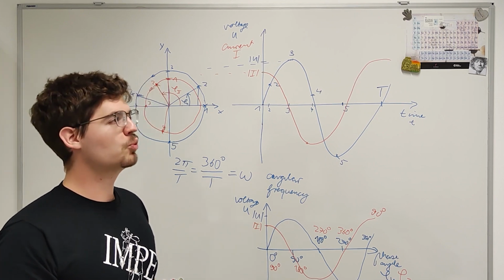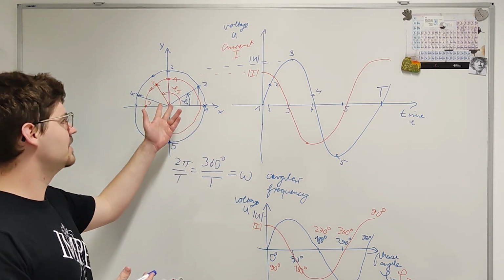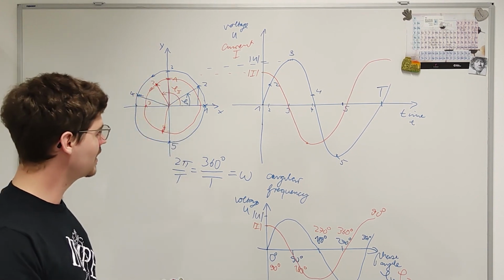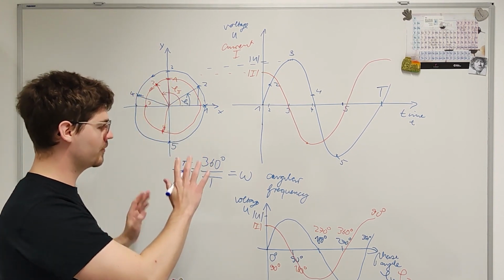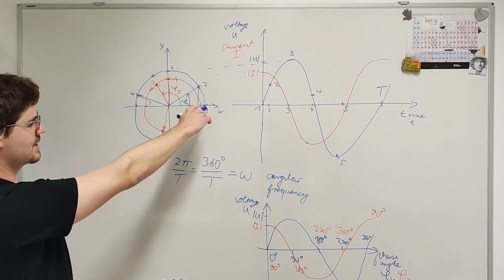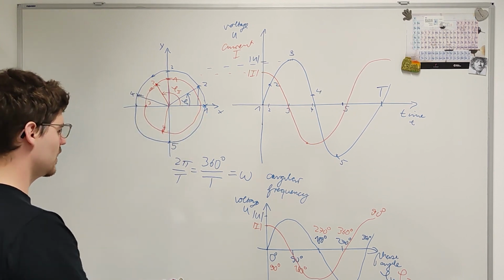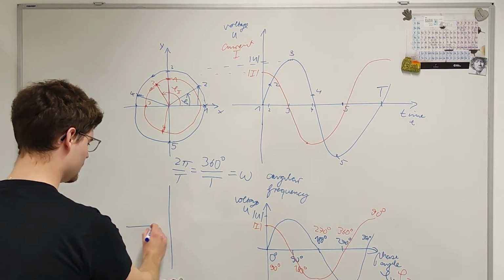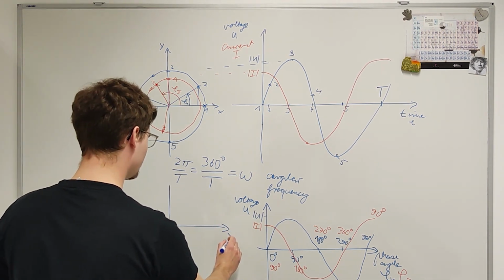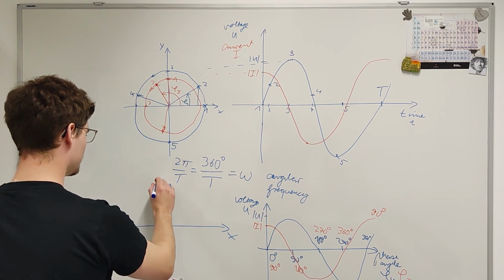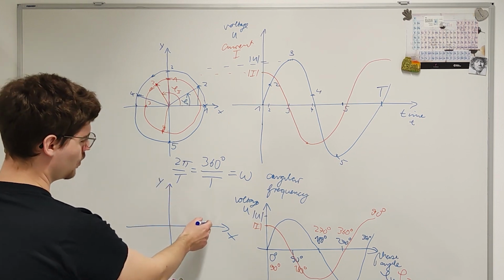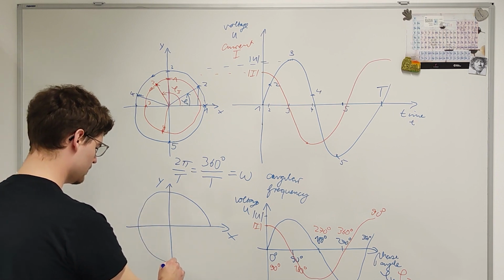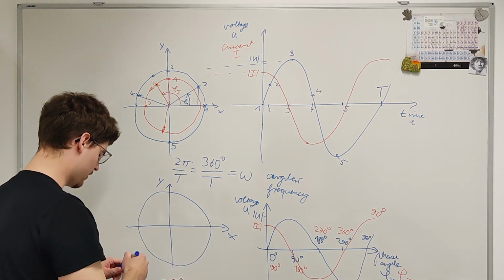Now let's think about what this means in this kind of description here, in this coordinate system with the moving circles. So it doesn't become too confused, I will just draw this exact same coordinate system again, just below here. We have our voltage circle again, and we have our current circle.